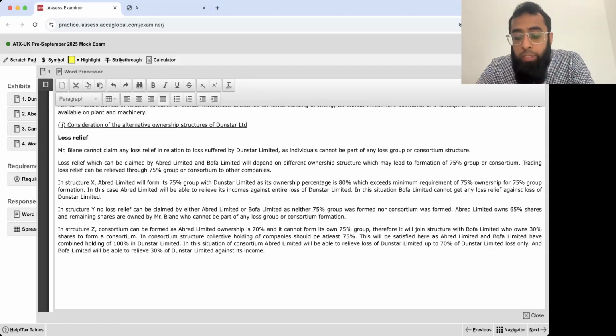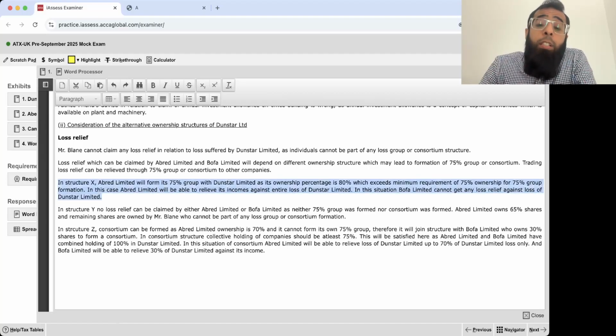Since Abrid owns 70%, Abrid will have access to 70% of the loss and BOFA will have access to 30% of the loss. Many students get confused: sir, in group structure, don't we do 80%? No. When it is our group, we have access to the whole thing.